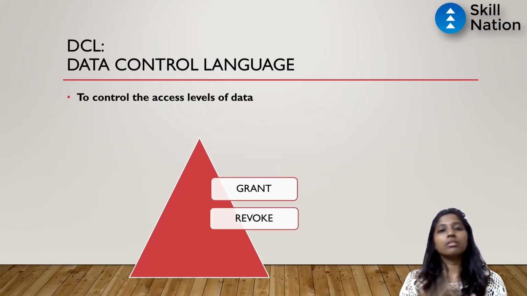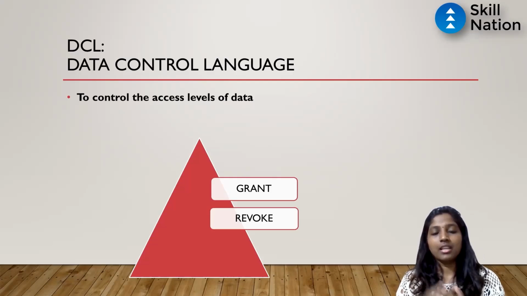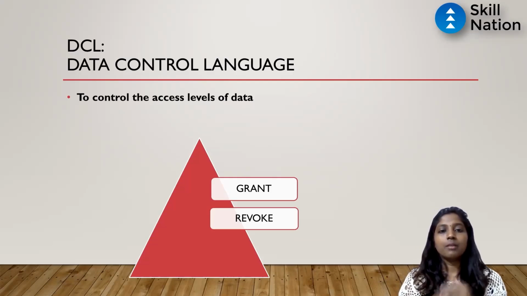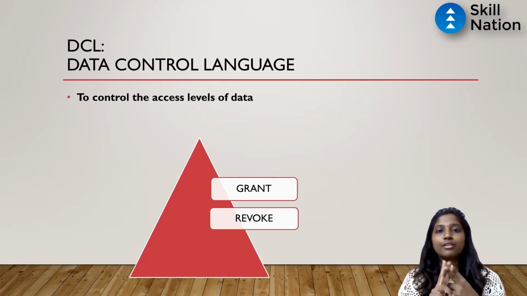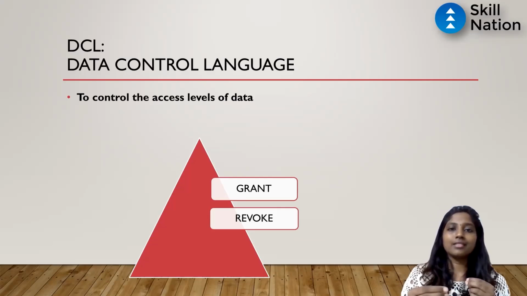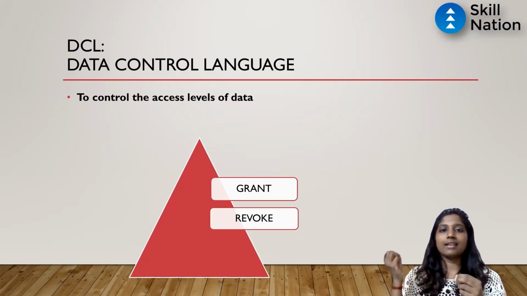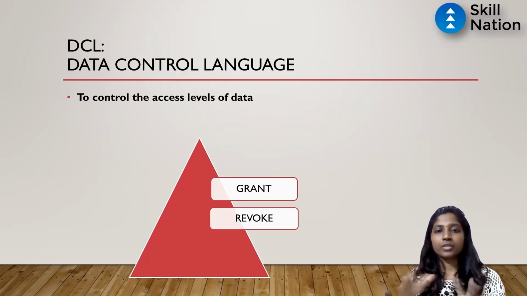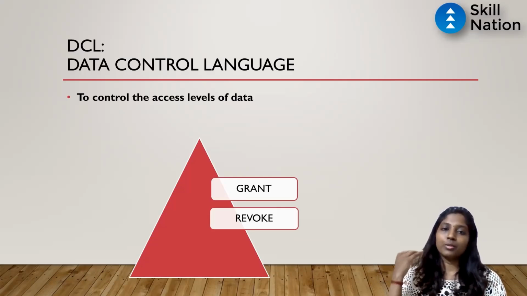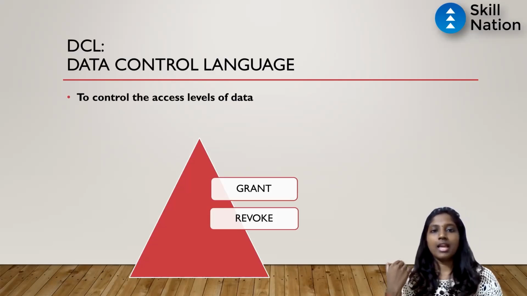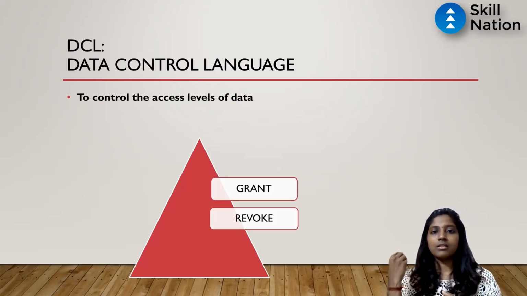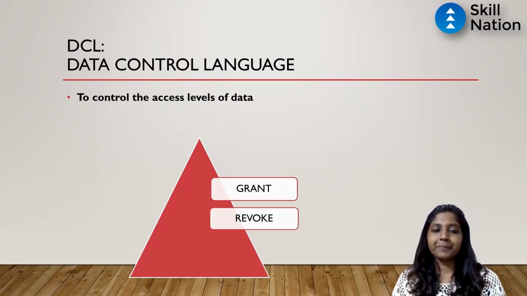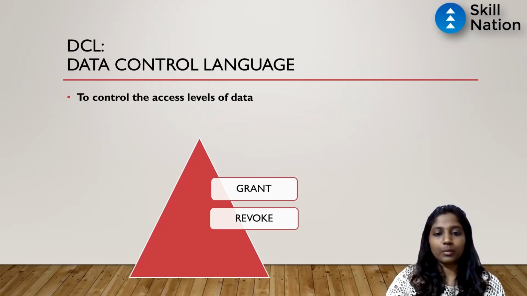We'll see more about this data control language in detail in the forthcoming sessions, but for now you have to know there are two types of queries, grant and revoke. Either you grant access to the data, or you revoke the access, take it away. So this is data control language.